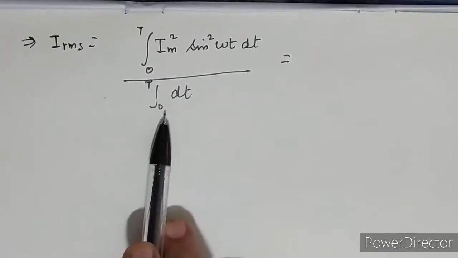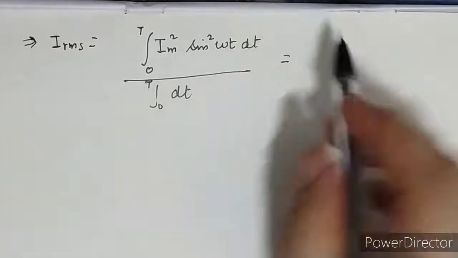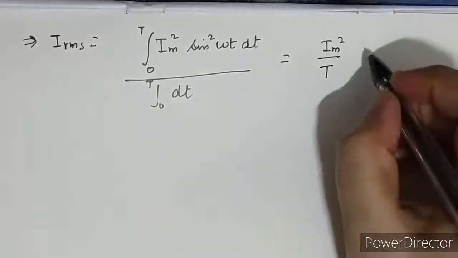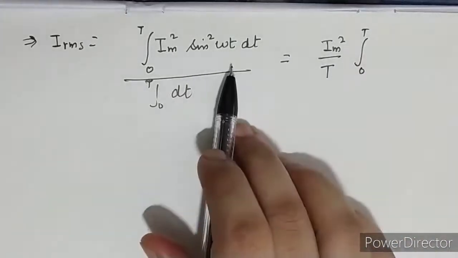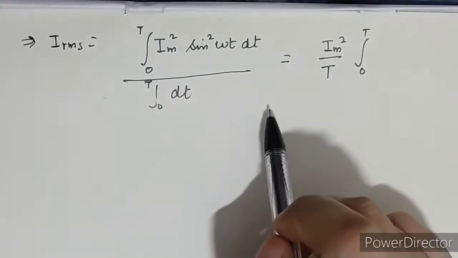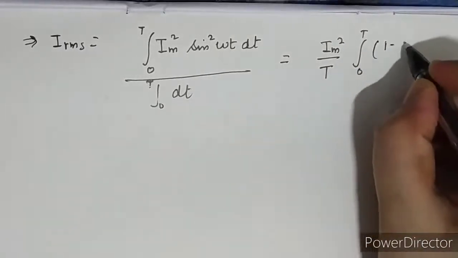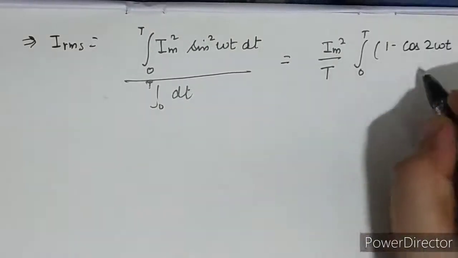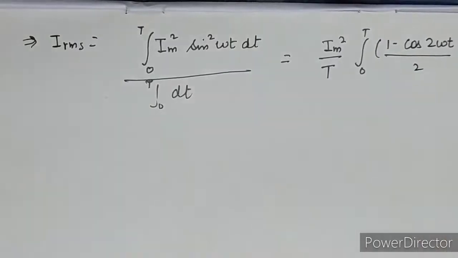Putting the limit t minus 0, it will be T. Im square is a constant term, so I write it out: Im square upon T, integration from 0 to T. Sine square omega t, I write as sine square theta equals 1 minus cos 2 theta upon 2. So I write it as 1 minus cos 2 omega t, divided by 2, and do the integration with respect to t.